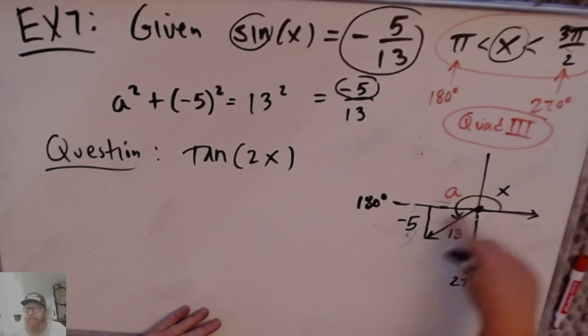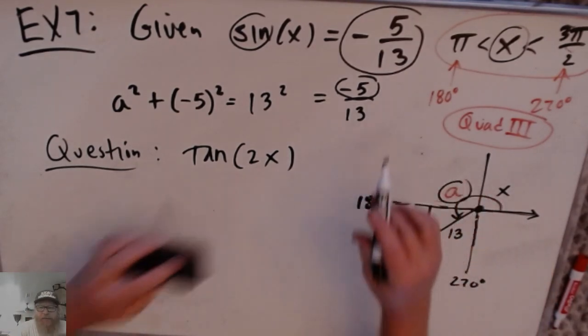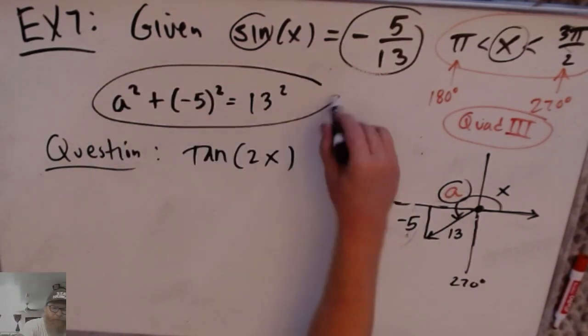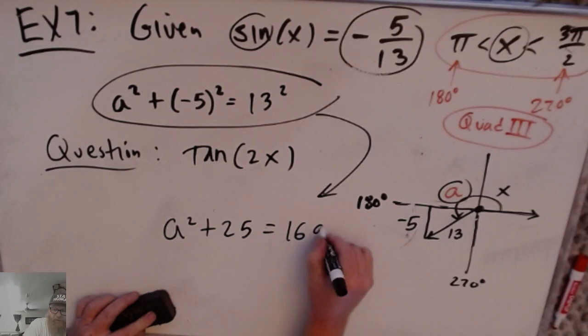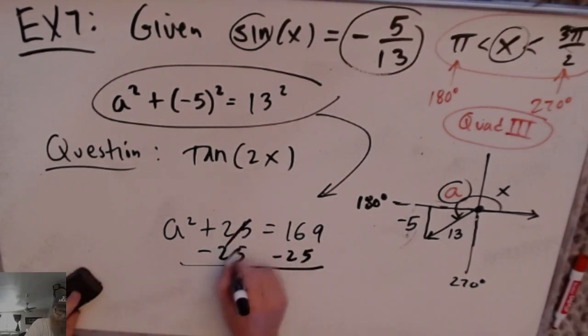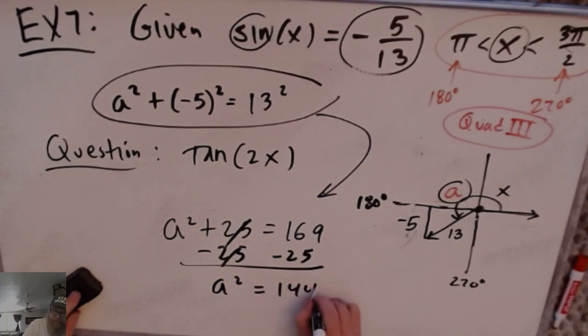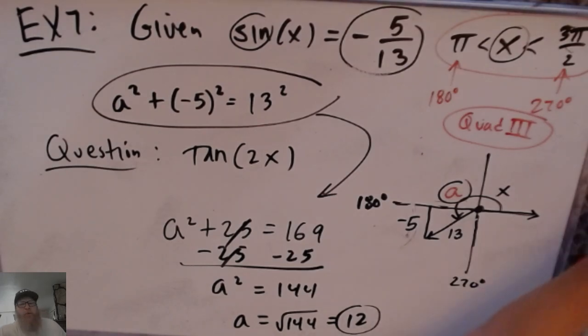So first I need to figure out what tangent of x is, so I'm going to find out what a is. So I've got a squared plus 25 is 169. And we might get lucky. Nice. Perfect square. If you get a perfect square, you don't need this.